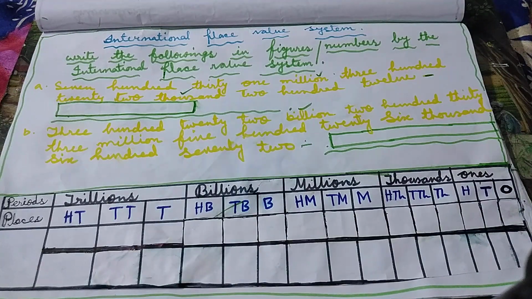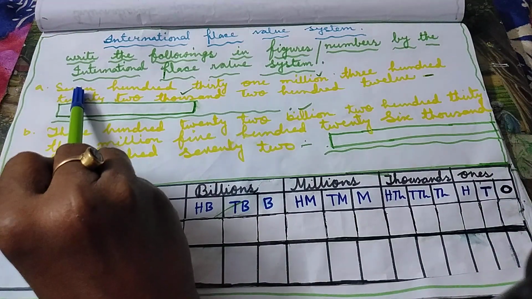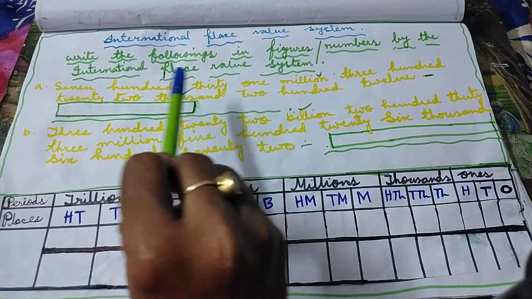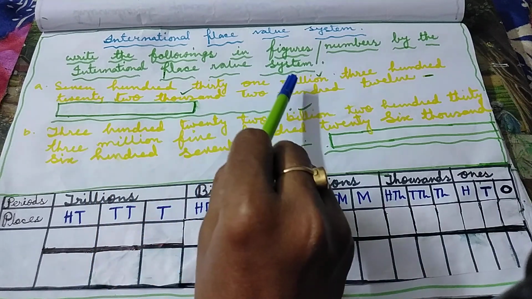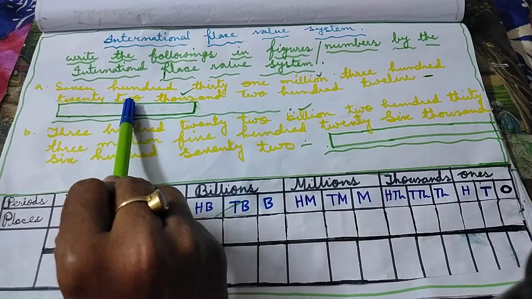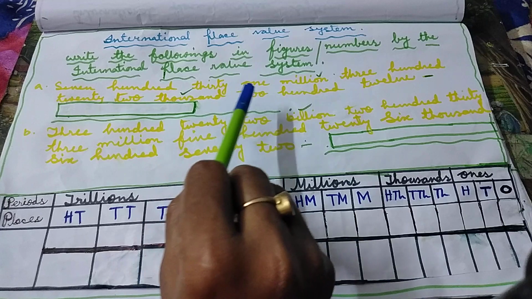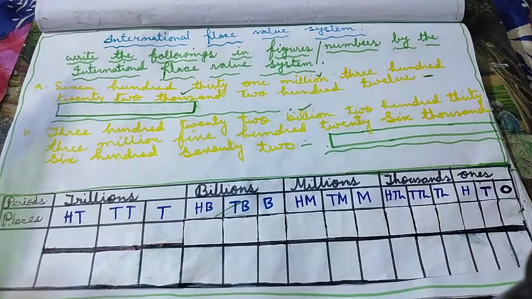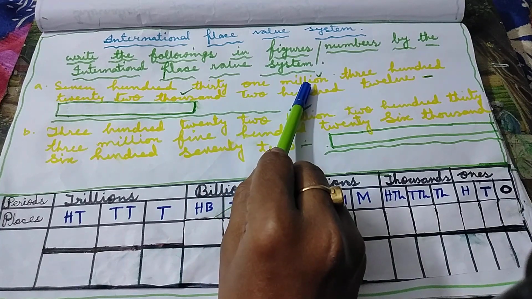Go to the first example. 731,322,212. Okay. See children, million.